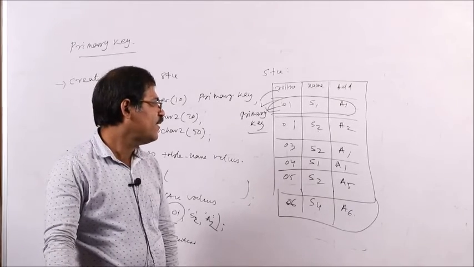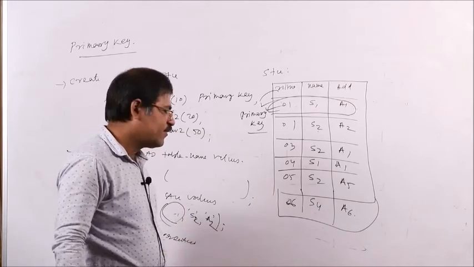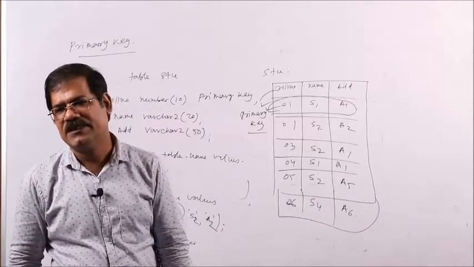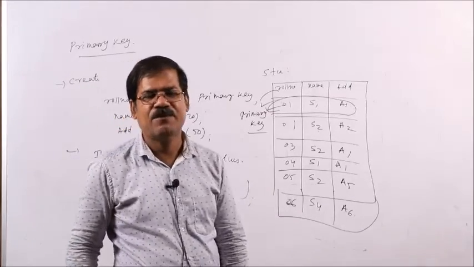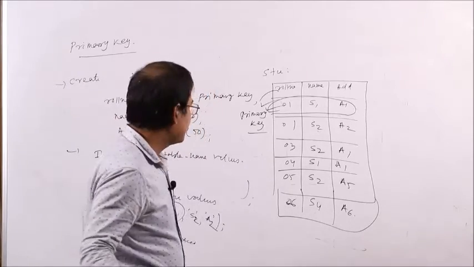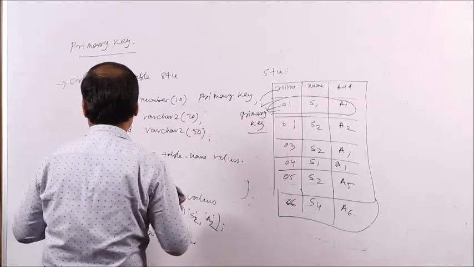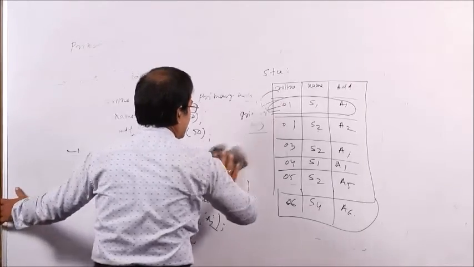And if you leave it blank, the null value is also not accepted. So, you must enter a value and that value must be unique. That is the basic distinction between declaring a primary key and not declaring one.